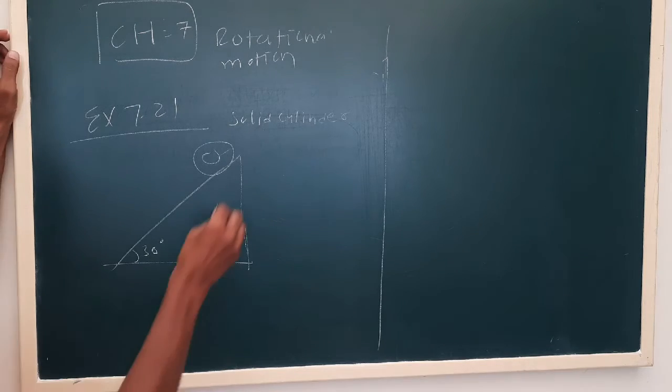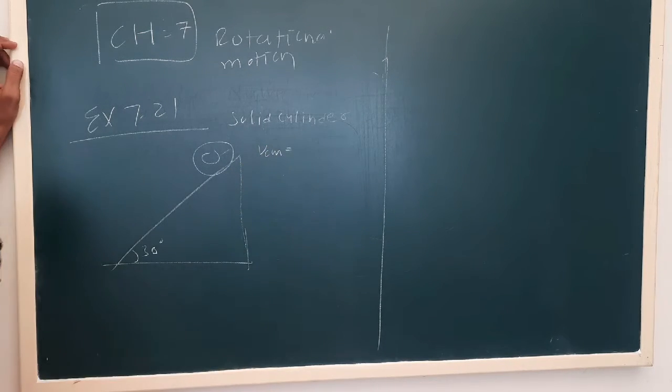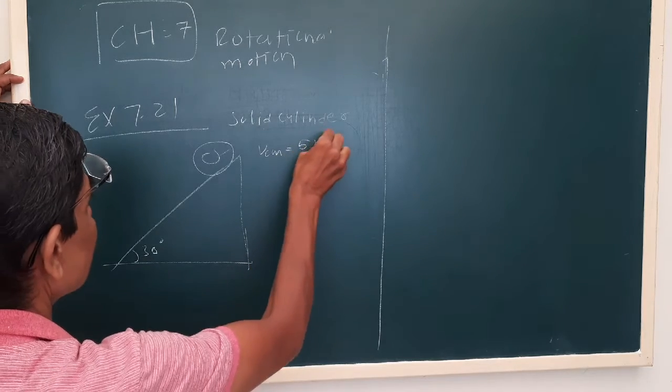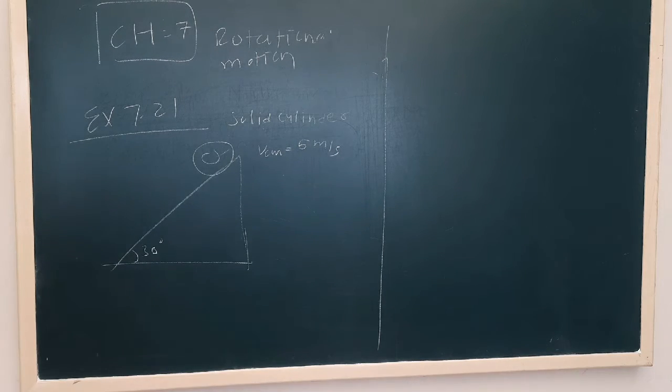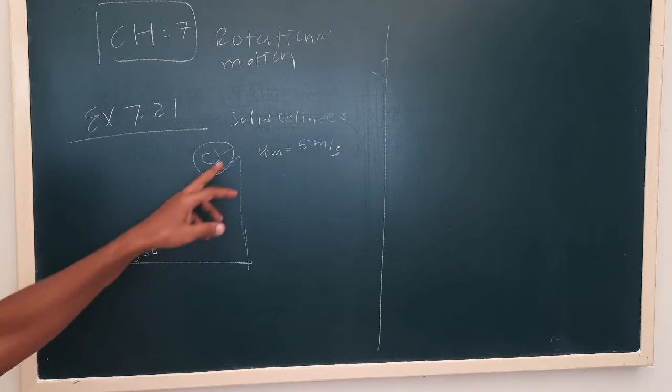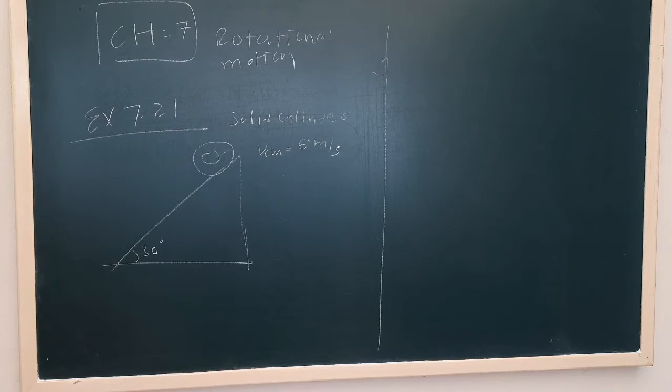During that the center of mass moves with the speed of 5 meters per second. Now see, a solid cylinder is rolling along a slope. The velocity at the bottom is 5 meters per second. Okay, so we have to find out the height attained and we have to calculate time.